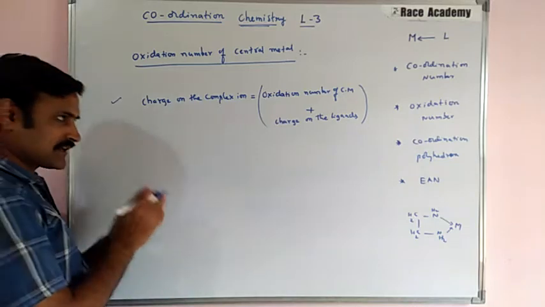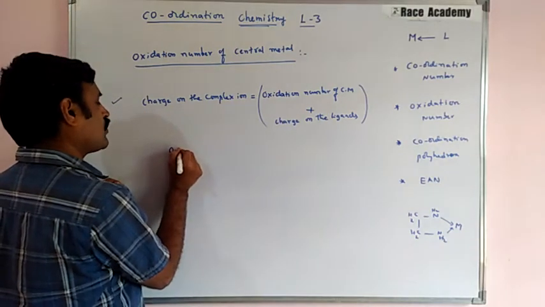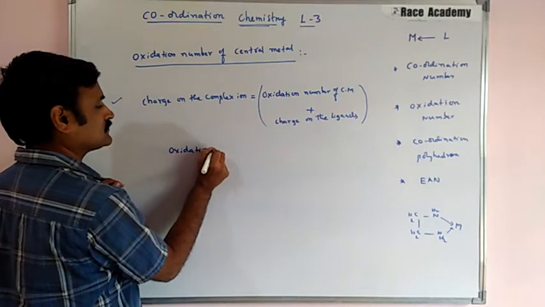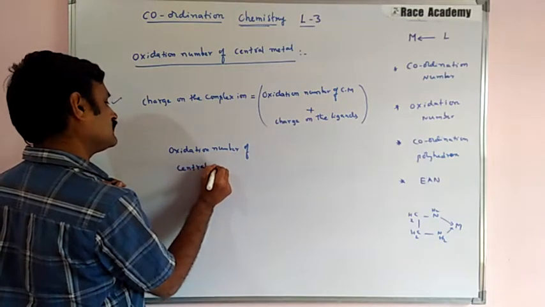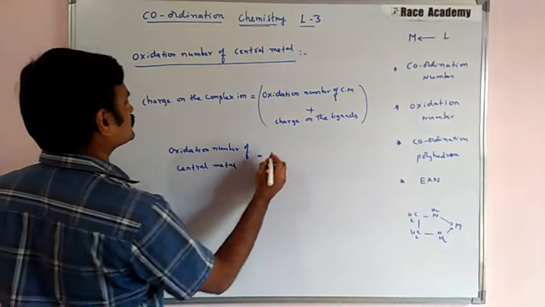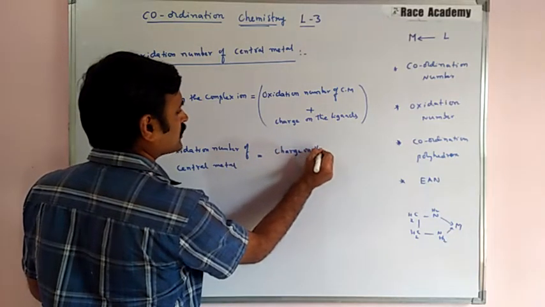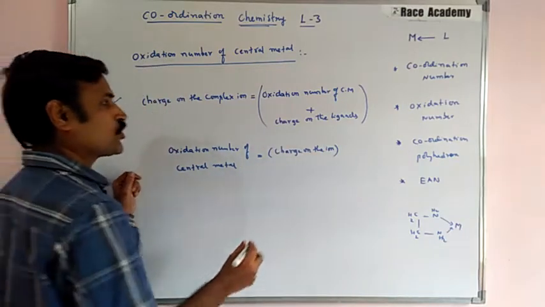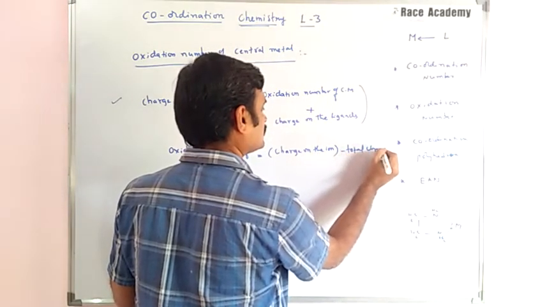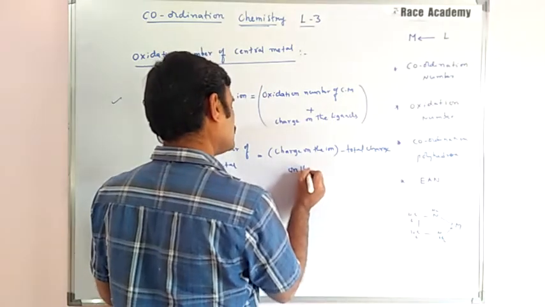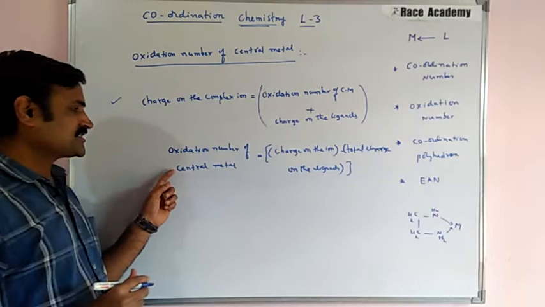So the oxidation number of the central metal equals the charge on the complex ion minus the total charge on the ligands. Hope you understand how to calculate the oxidation number.